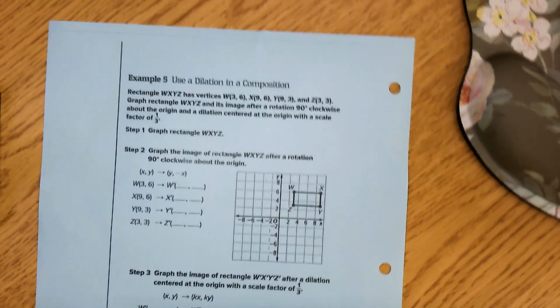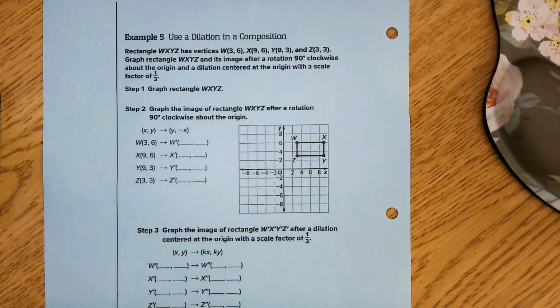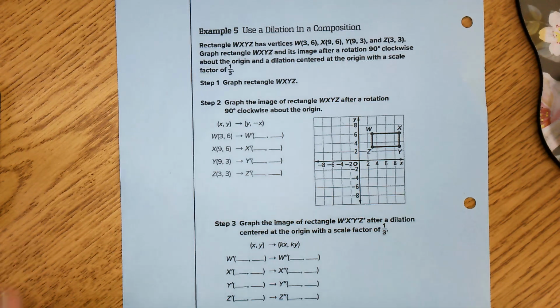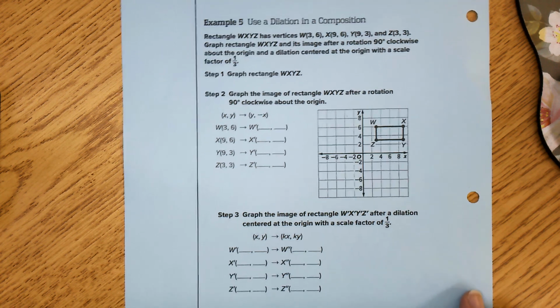On the back we're going to use dilation in composition. Composition simply means we are doing more than one transformation to a shape. Dilation just happens to be one of the moves we are transforming this shape into. We did an entire unit on transformation several units ago.